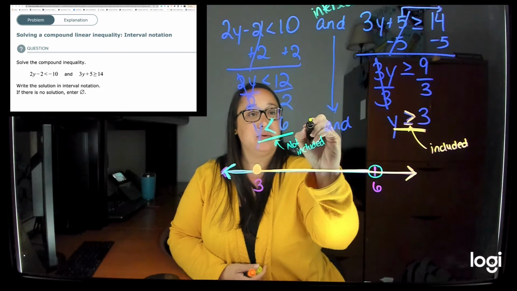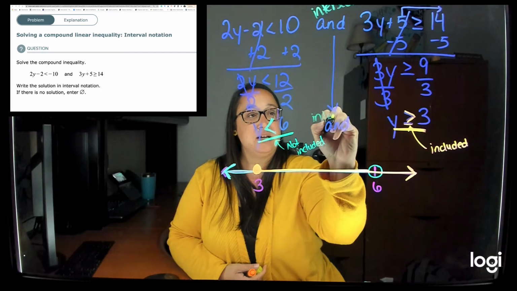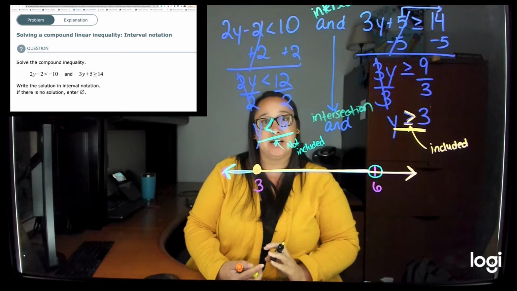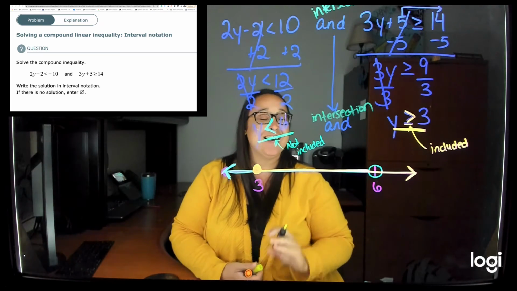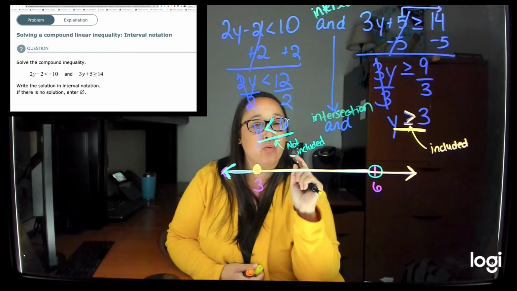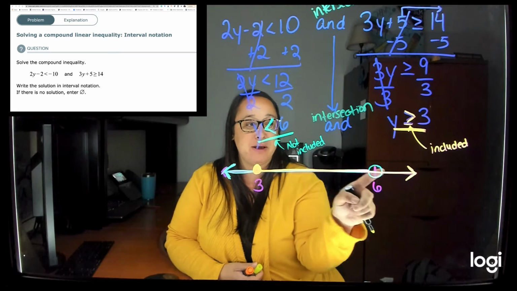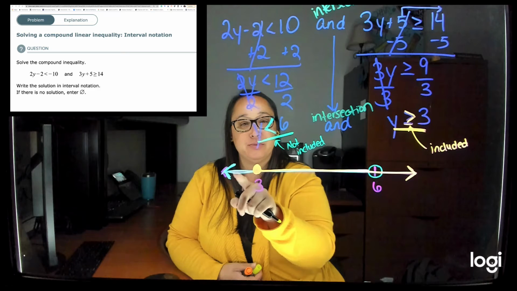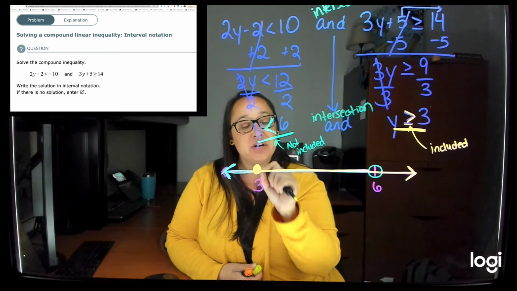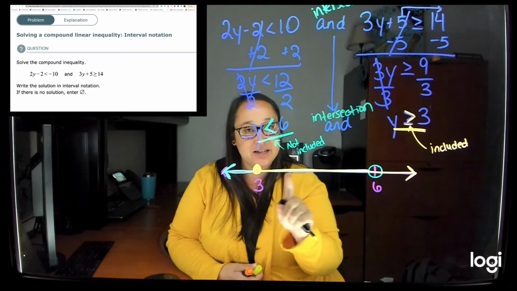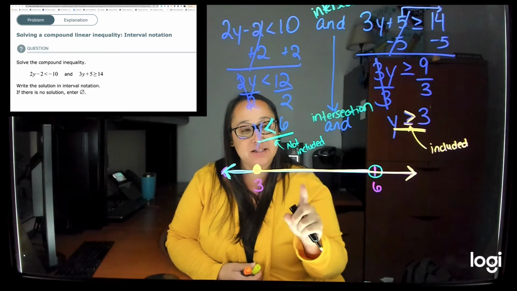So let's write this again where you can see it. The intersection. I'm a math teacher, I don't spell very nice, so I hope that's correct. But I'm looking for where my orange line and that green line, it may not look green to you, but it was a green line, where did they intersect? When you have an and statement, so write that down somewhere, I'm looking for my intersection.